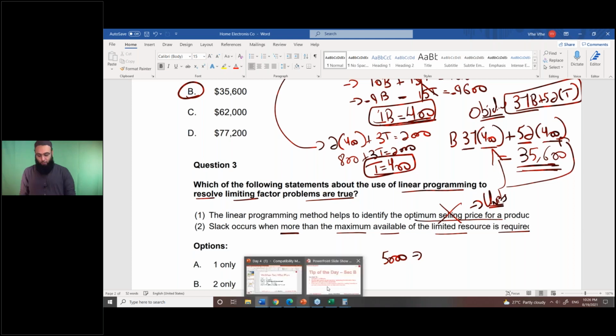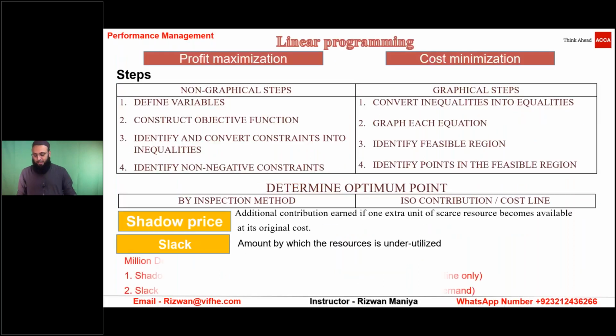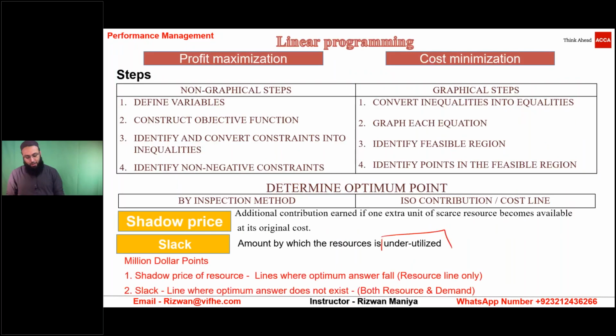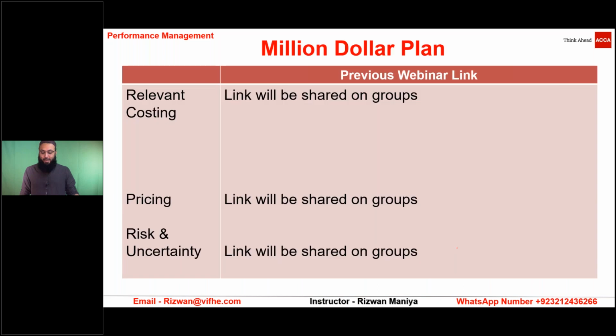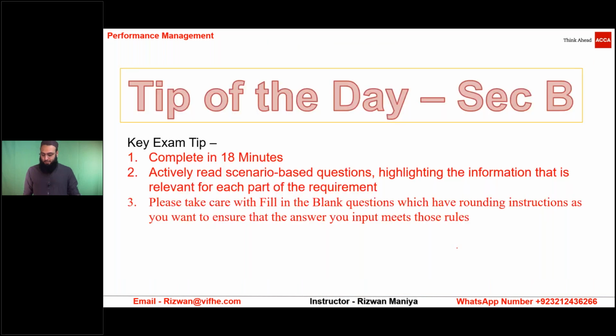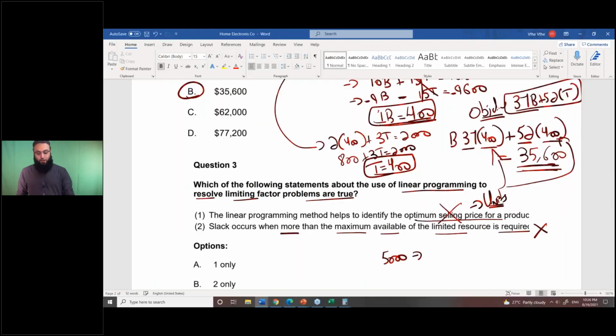Let's go back to our notes, and we have a slack definition: amount by which resource is underutilized. Underutilized means that if you have 5,000 and you have used 3,000, then 2,000 is what you have left. 2,000 is your underutilization. So slack is not more than, it's less than what is available. So that's wrong.